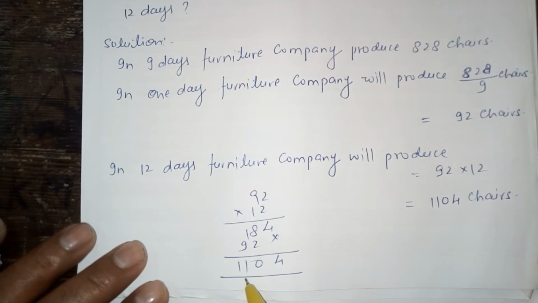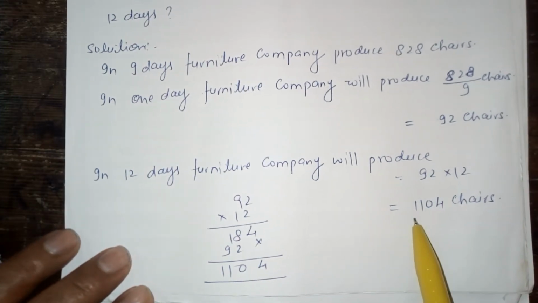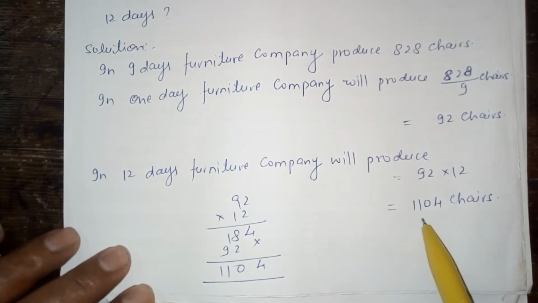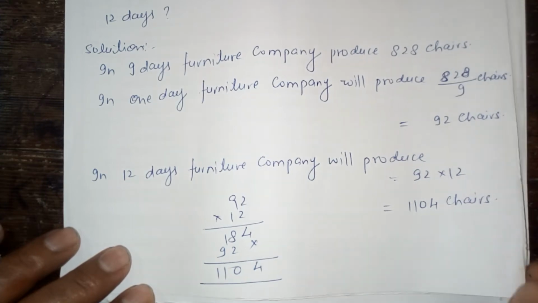So in 12 days the furniture company will produce 1104 chairs. Okay, this is the required answer for your required question.